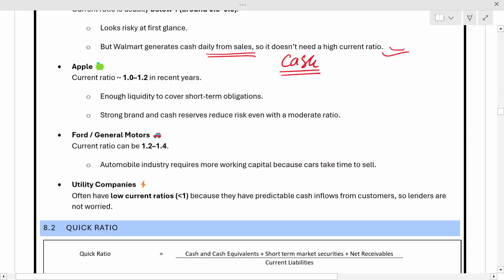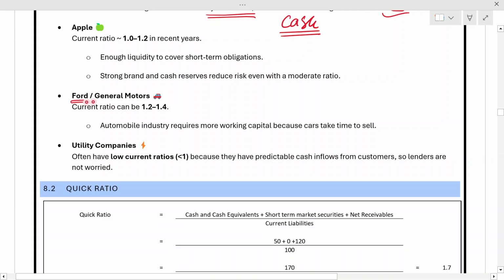If we look at Apple, the current ratio is also 1 to 1.2 in recent years. This is enough to ensure that the company can pay its short-term obligations. Apple is a cash-reserve company with a very strong brand and a large amount of cash, so it doesn't face any risk from changes in this ratio.